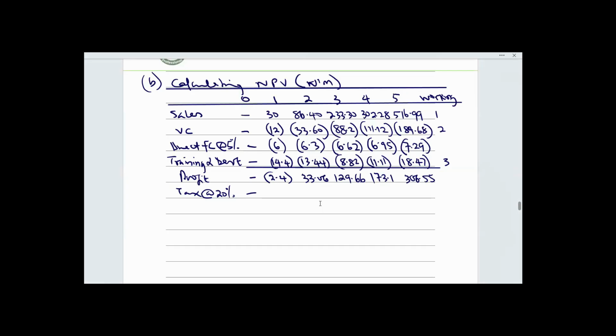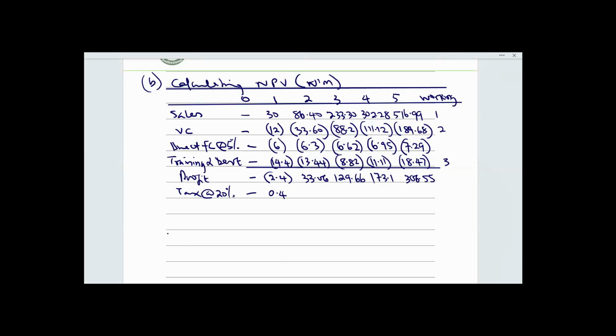Therefore, what are you supposed to do? I would then say 20% of 2.4, 2.4 multiplied by 0.2 equal to 0.48. So here will be 0.48. This 0.48 is not in brackets. You are relieving it. You want to relieve your loss.